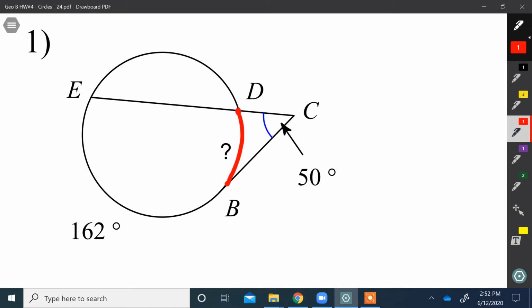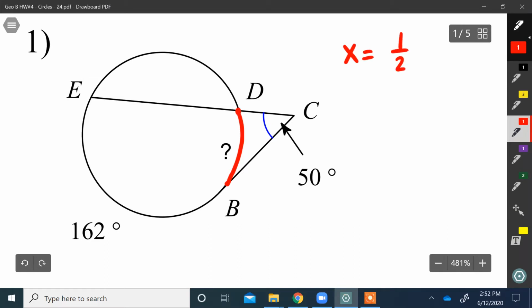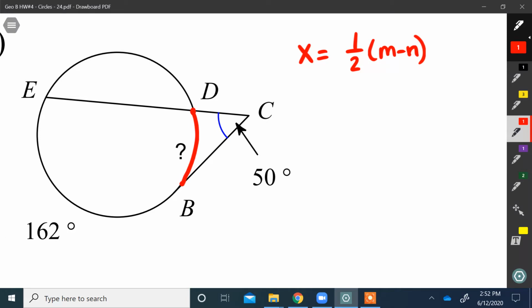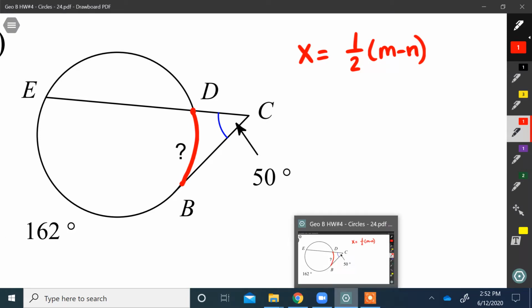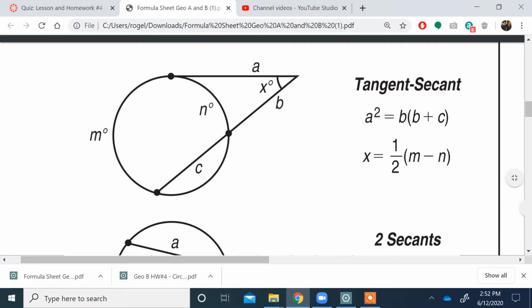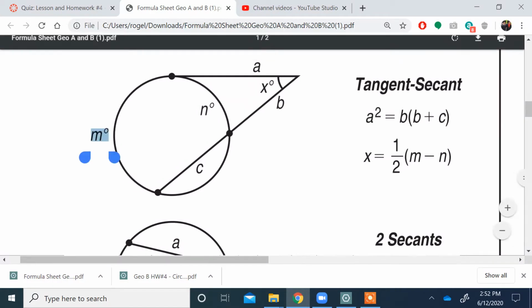The formula says that x is equal to half times m minus n. We also have to recognize what we have in here. What is the x? What is the m? What is the n? If we go back to the formula, this is the x, this is the n, and this is my m.